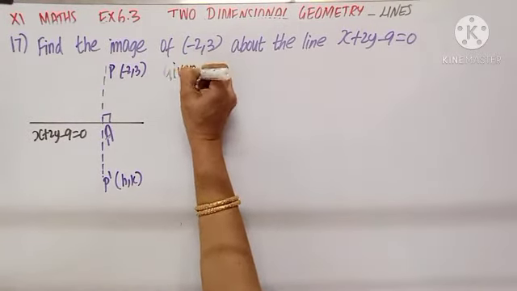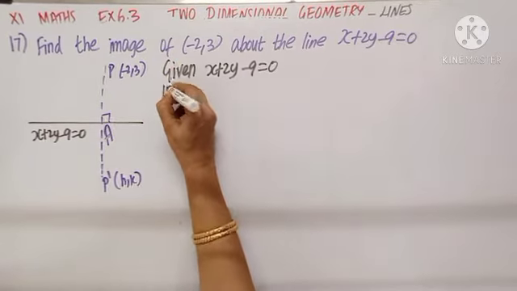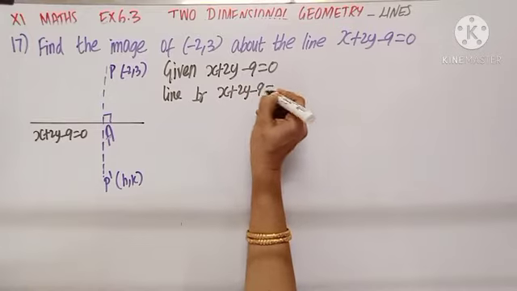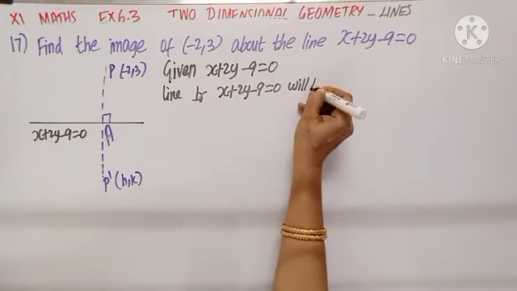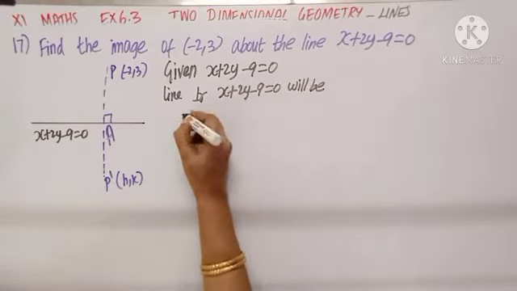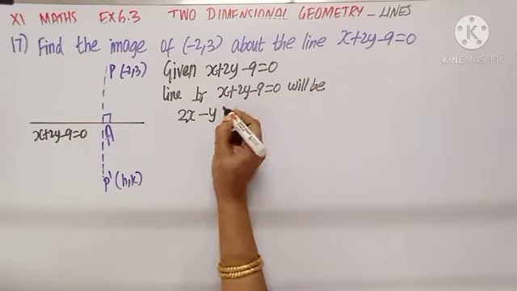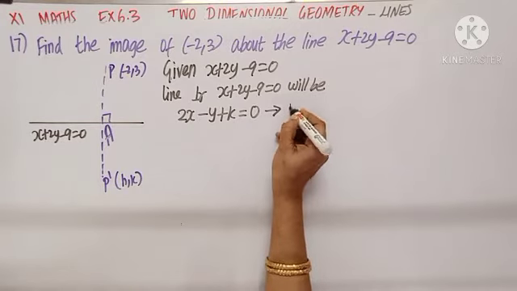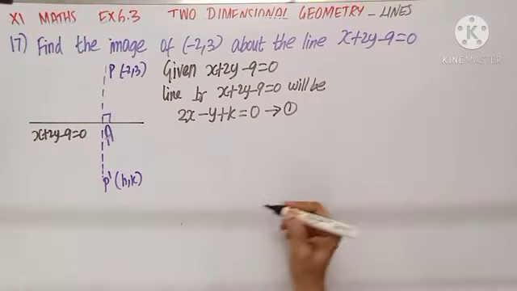What is the given equation? A line perpendicular to x plus 2y minus 9 equal to 0 is obtained by interchanging x and y, changing the sign for y, and the constant. We get the equation of the perpendicular line.